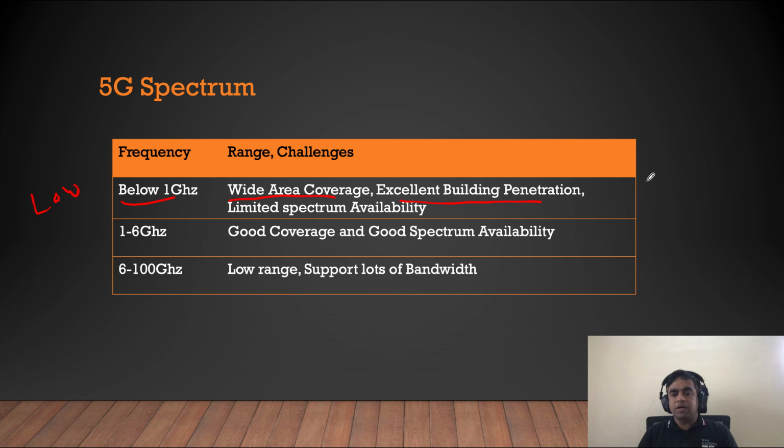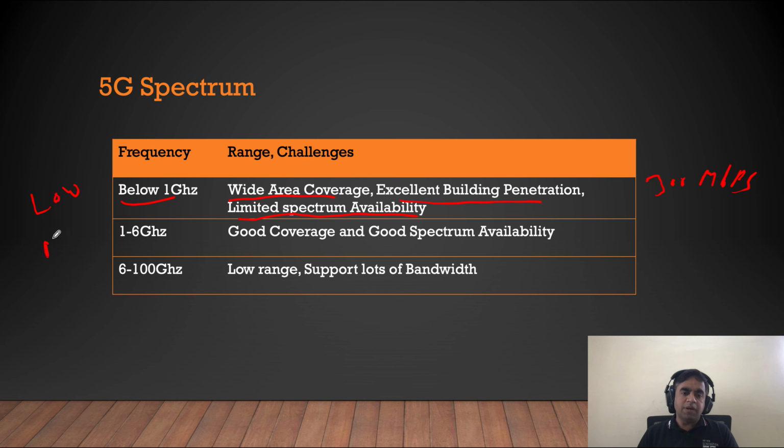The bandwidth capacity that you will see here is like 300 Mbps only. Another thing is that there is limited spectrum availability in this band, because there are not many wireless applications that work below 1 gigahertz. So the spectrum availability is less.